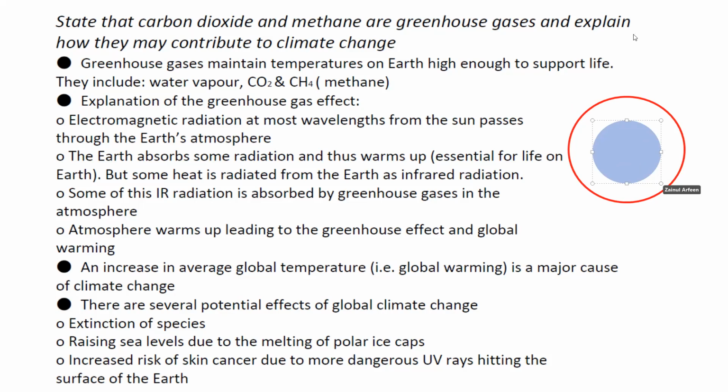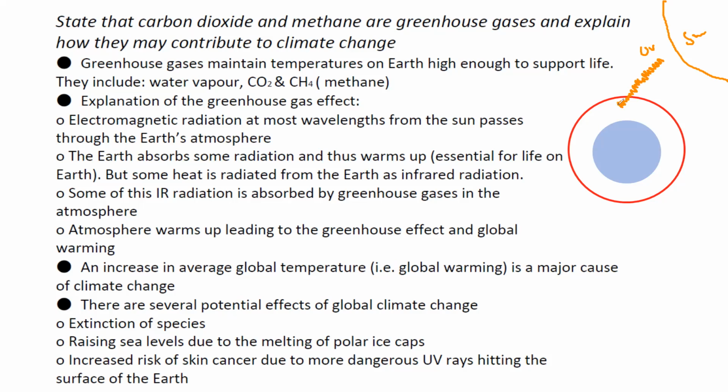So when the radiations are coming from the sun, like UV, ultraviolet radiation has a shorter wavelength and higher frequency.